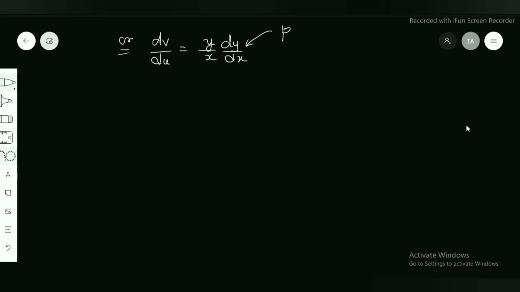If you carefully observe, this is the value of small p. So in the next step we will make use of that. I am writing capital P = dv/du, and small p = dy/dx. Why are we doing this?